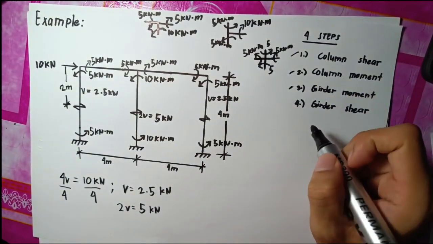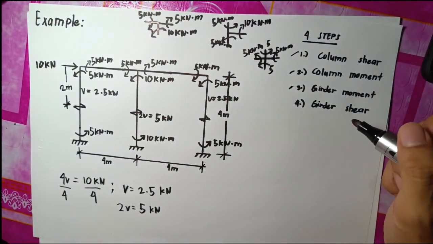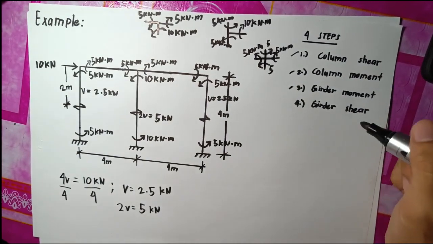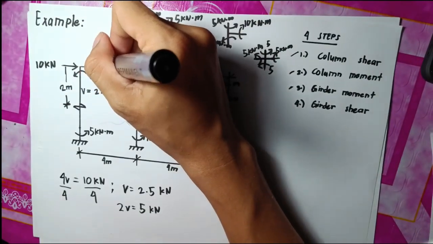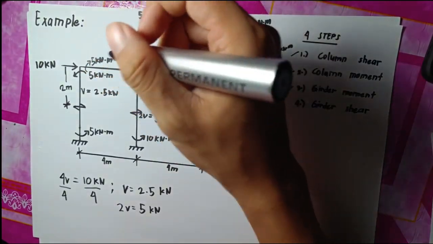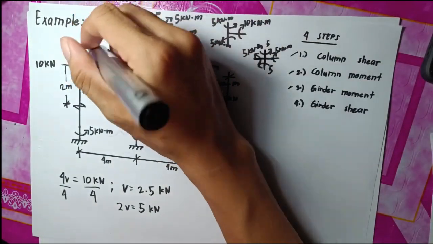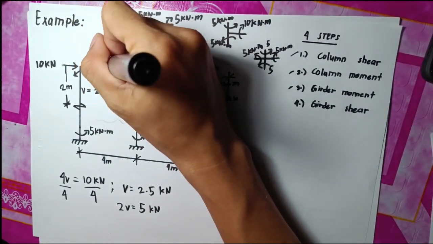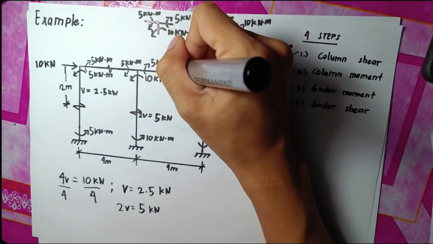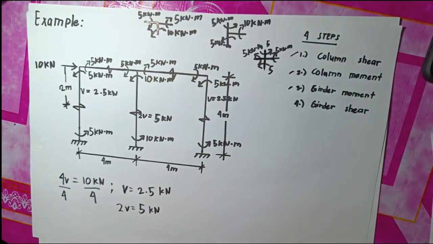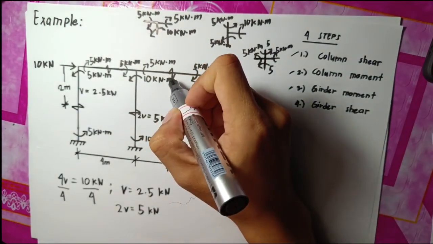Let's proceed to girder shear. Here we put the shear first at the point of inflection.